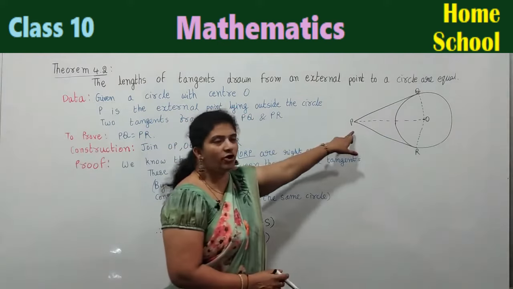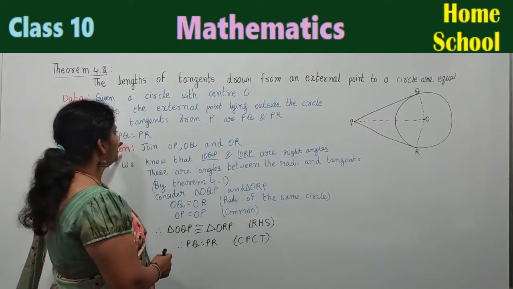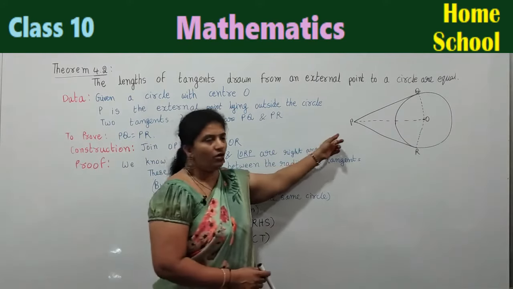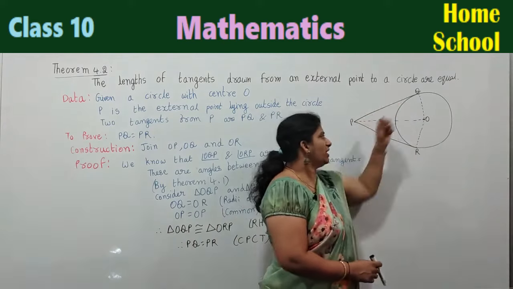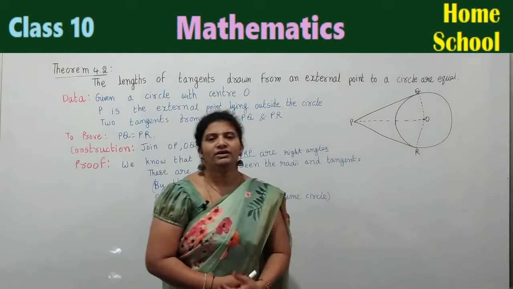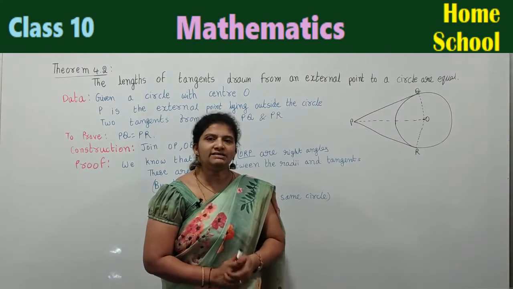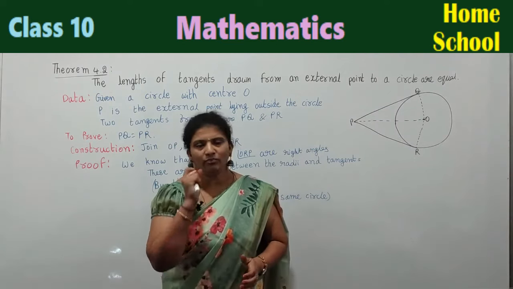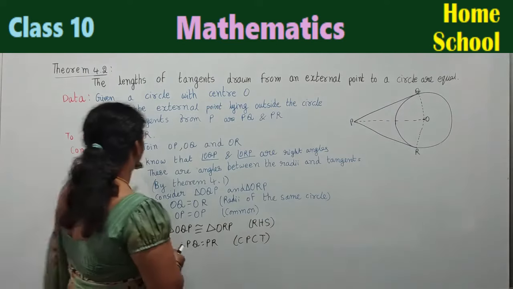Two tangents from P. What are the 2 tangents? PQ and PR are the 2 tangents.